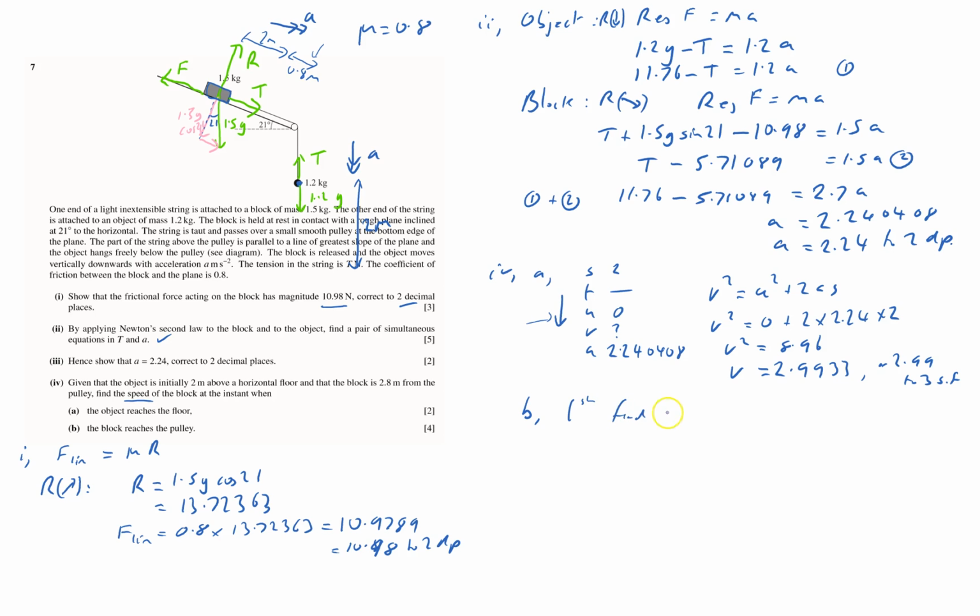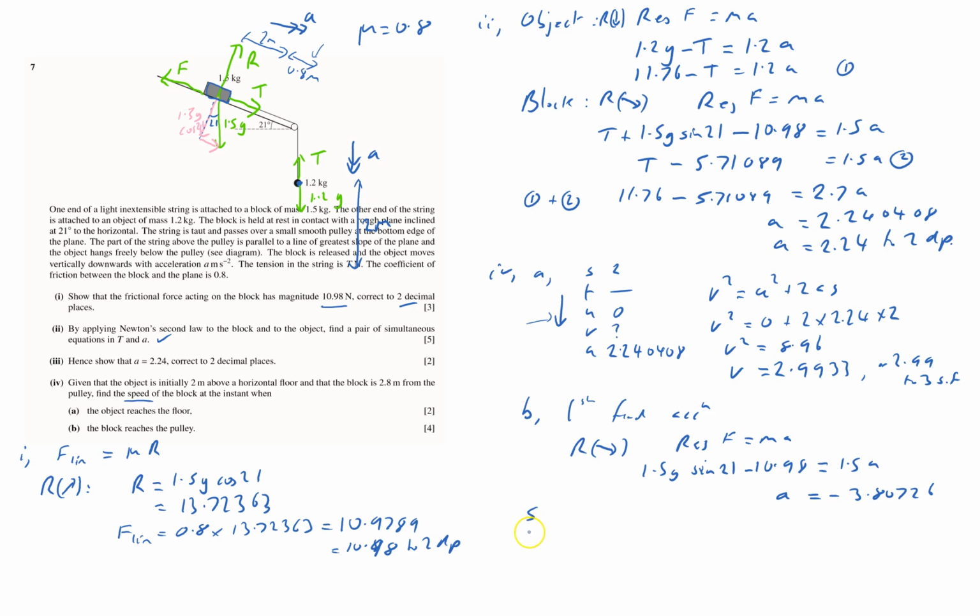First, find acceleration, and that means I'm going to have to resolve down the slope again, and resultant force equals mass times acceleration, and I've now got 1.5 g sine 21 minus the friction, which I worked out before, 10.98, and that equals the mass, which is 1.5, times acceleration. If I work that out, that gives me the acceleration is minus 3.80726. Now I can work out the final bit.